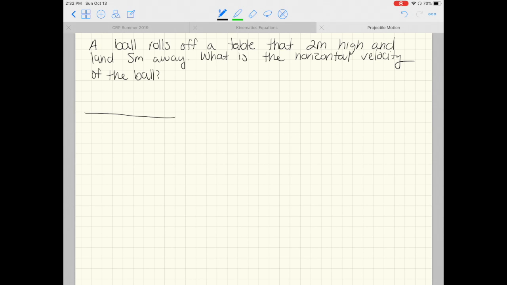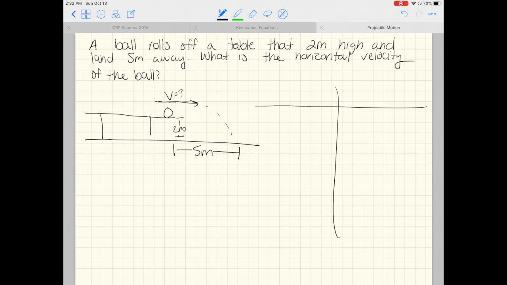All right, again, if I draw a picture, the ball is going straight across, and I do not know the velocity, but I do know that it will land 5 meters away, and it starts out 2 meters above the ground. So let's use this information to solve.